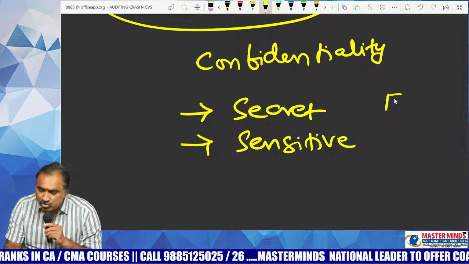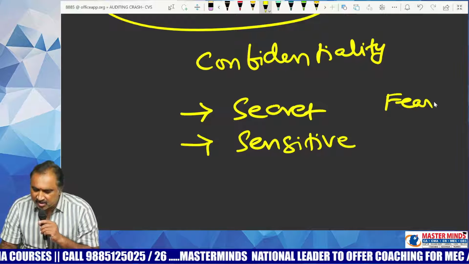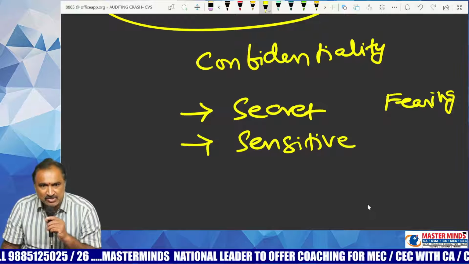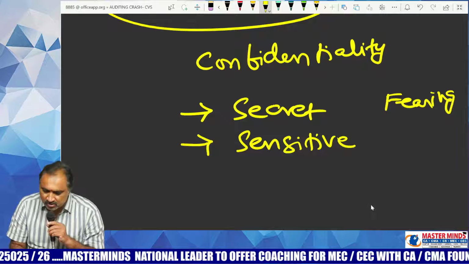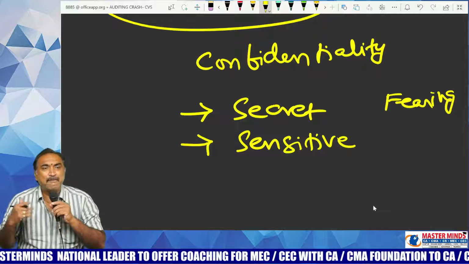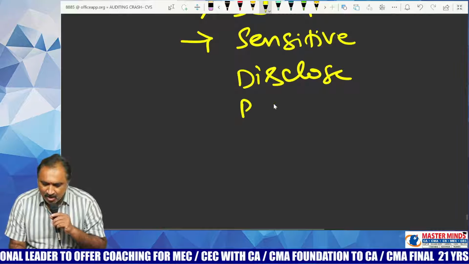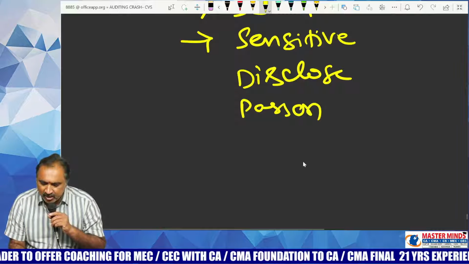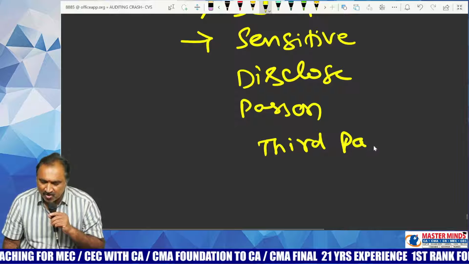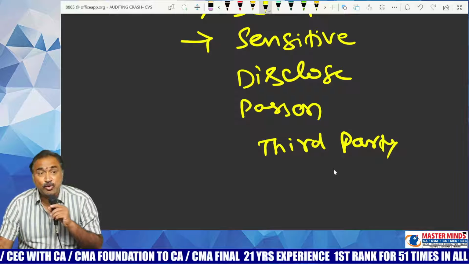And the company starts fearing that if this information, which is secret or sensitive in nature, is provided to our auditor, there is every chance that the auditor may disclose or disseminate or pass on this information to a third party.